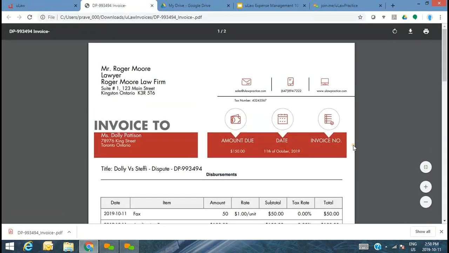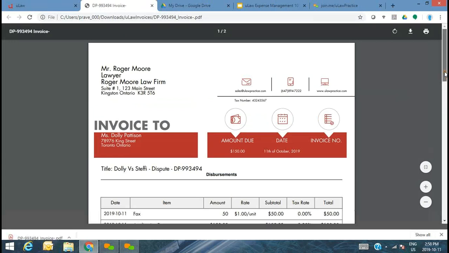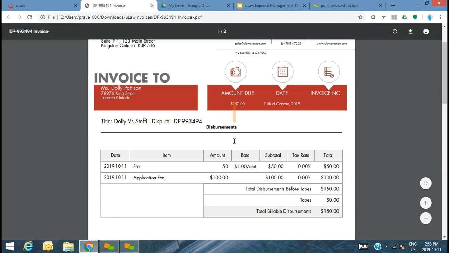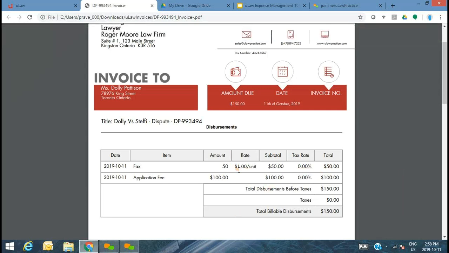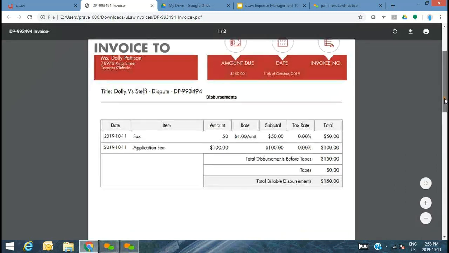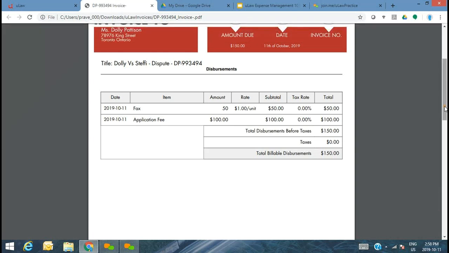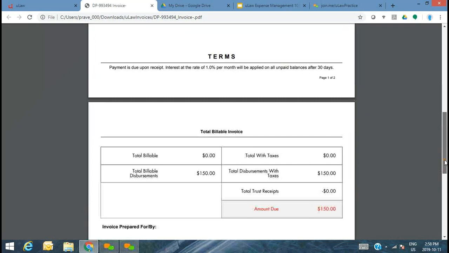A pre-bill does not have an invoice number, so it's for your eyes only prior to sending it and generating an invoice to the client. So the amount is $150, right? It's fax. And maybe let's just say, oh, you know what? I forgot that other court fee that I should have added into this mixture.